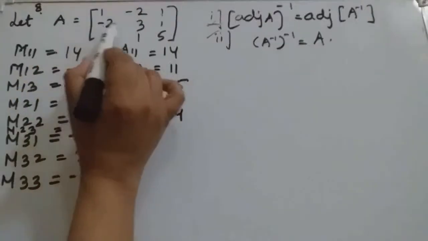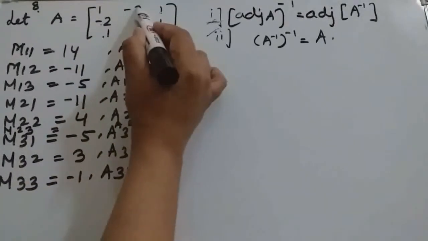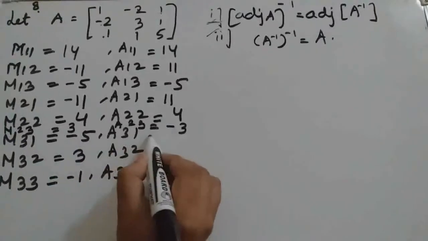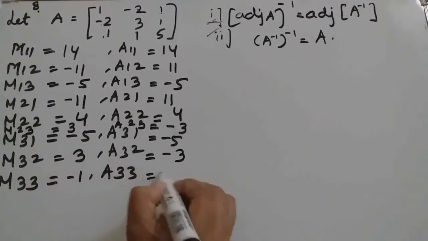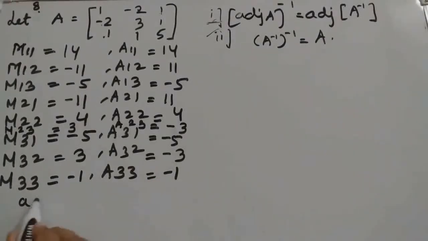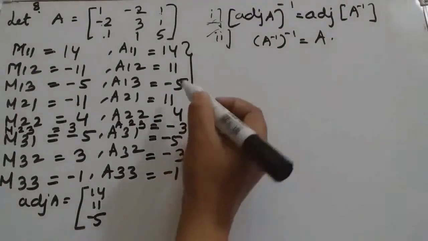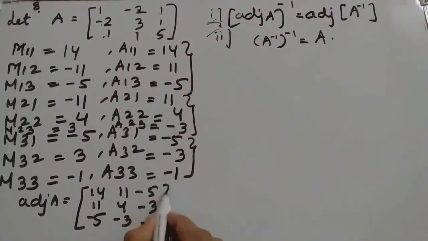Second row, third column means 1 plus 2, that is 3. So 3 will come, so minus 3. Then same, then sign change, last one is same. So adjoint A we can write as first 3 entries, first column, next 3 entries, next column, last 3 entries, last column. Okay, this is adjoint A.